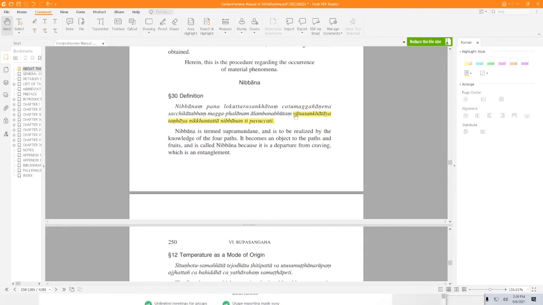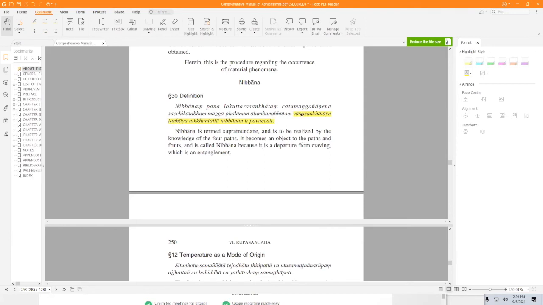And then the way the word Nibbana is derived in the Pali tradition, the Pali commentaries, is explained a little. I would call this a playful derivation rather than a literal derivation. So it's explained as the departure from craving.